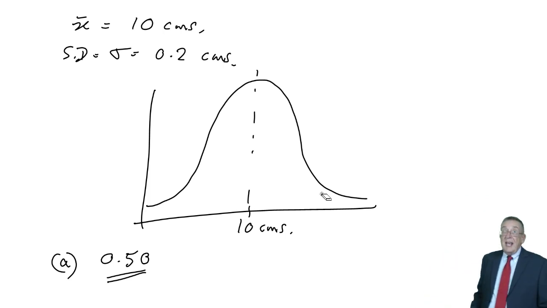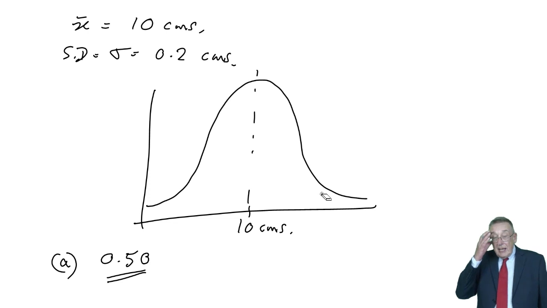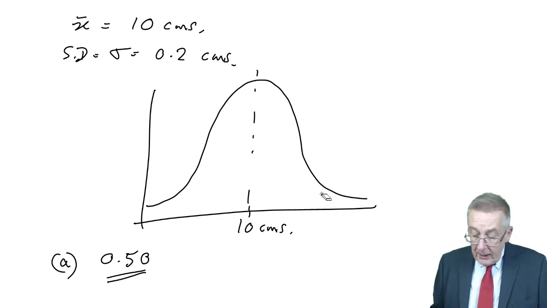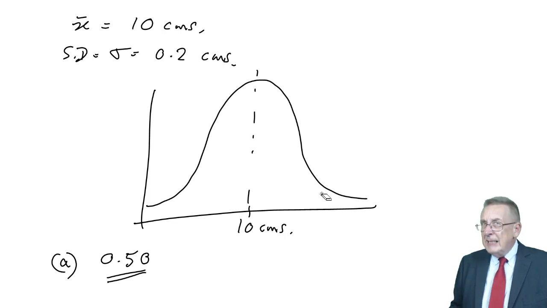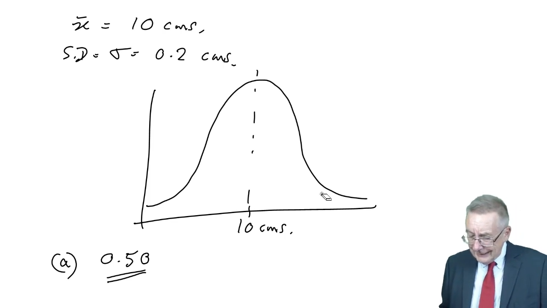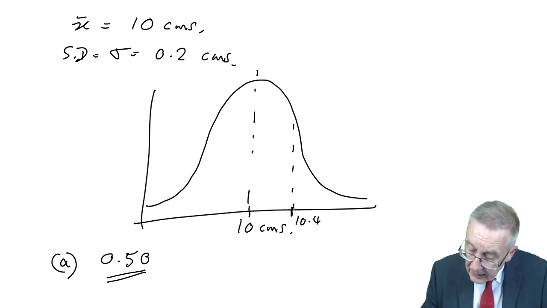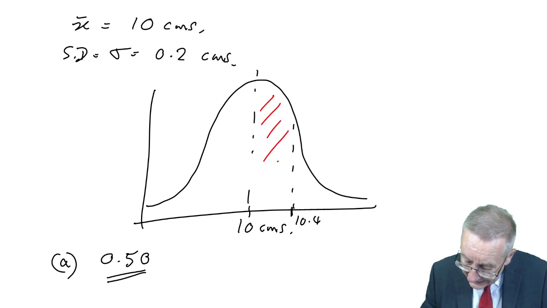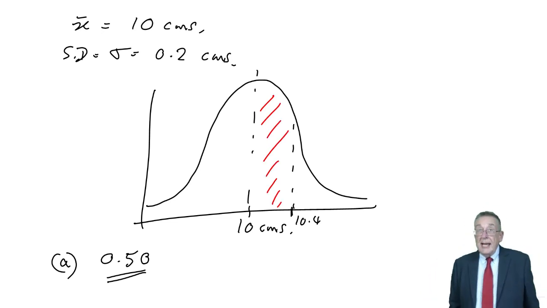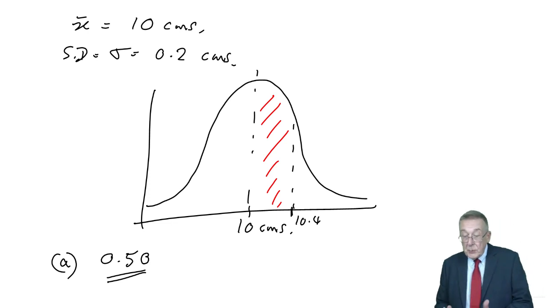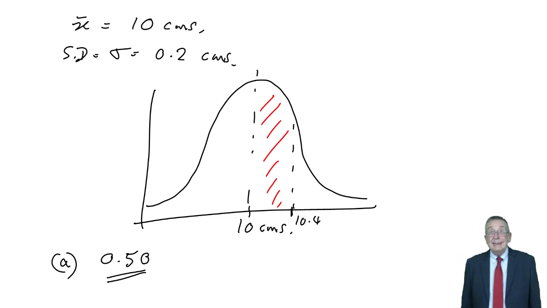I know the average is 10, and it says, what proportion of our units will be between 10 and 10.4? Suppose 10.4 is there. In this case, that red area is proportional to the total number between 10 and 10.4.